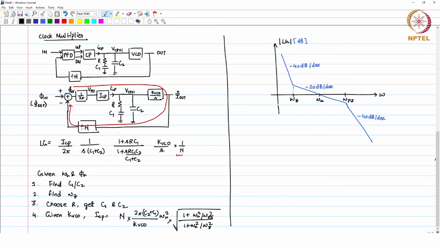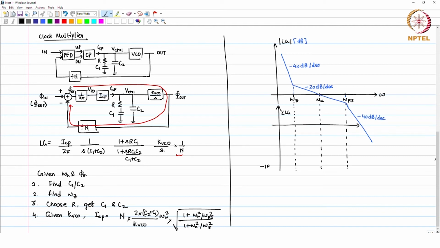Corresponding to the magnitude plot, you look at the phase plot. Let me just plot it till here, angle of loop gain. At the unity gain frequency, you will have a phase addition of 45 degrees.